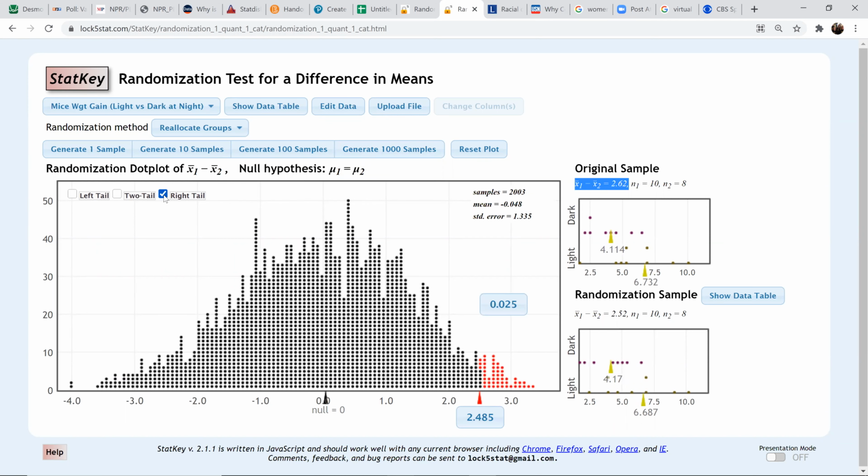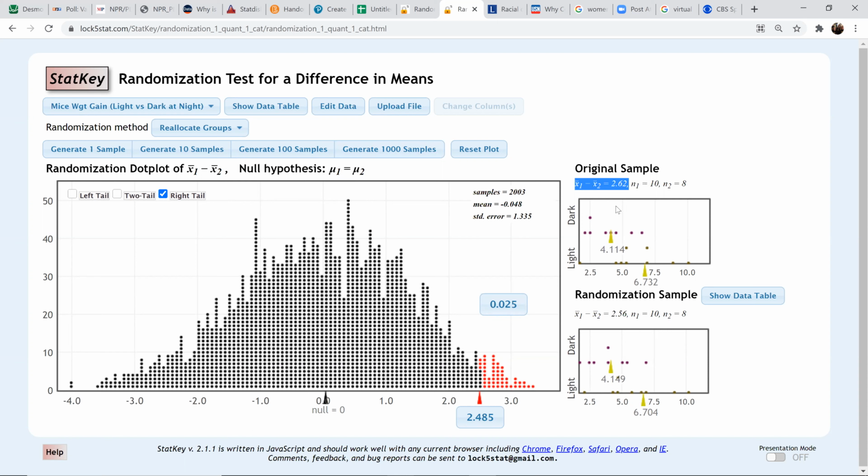Tell you what, click right tail. That should put on some area in the right tail. There's only a 2.5% chance that just by luck I'll get something greater than about 2.485, meaning that it's really unlikely that I would get these results just by chance.